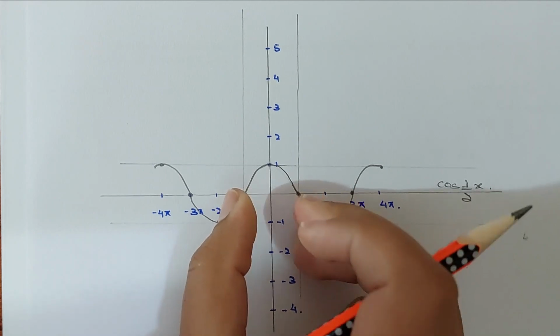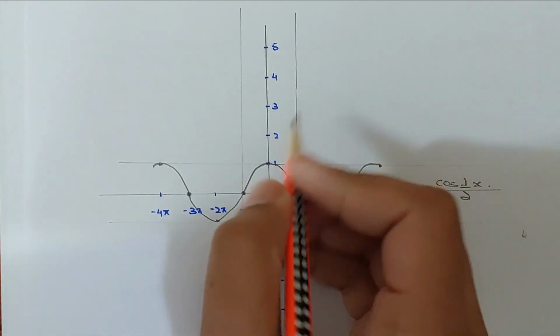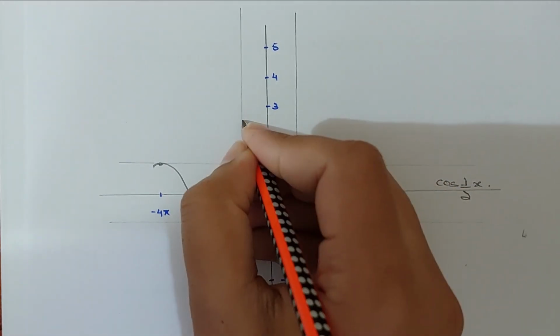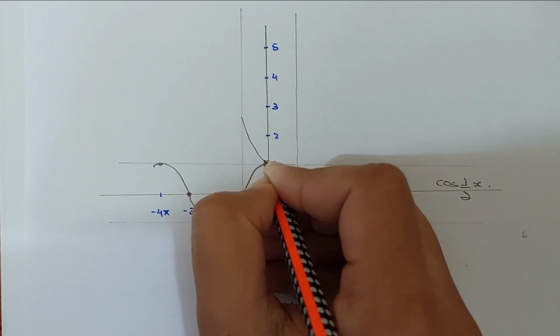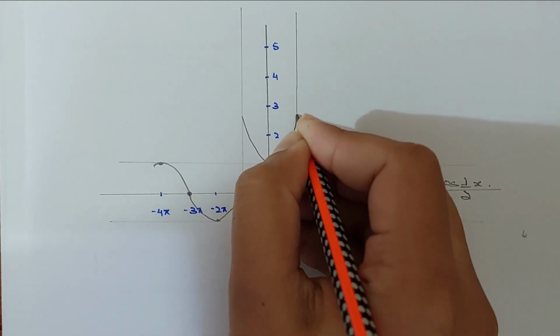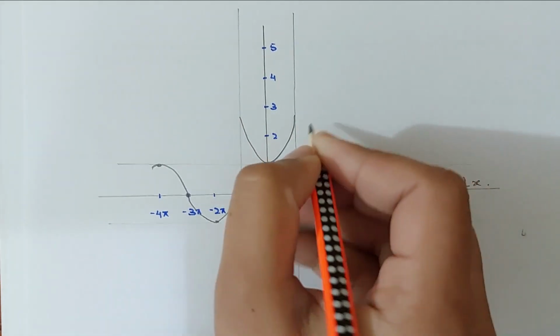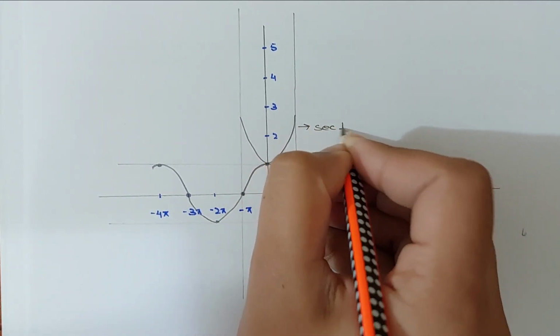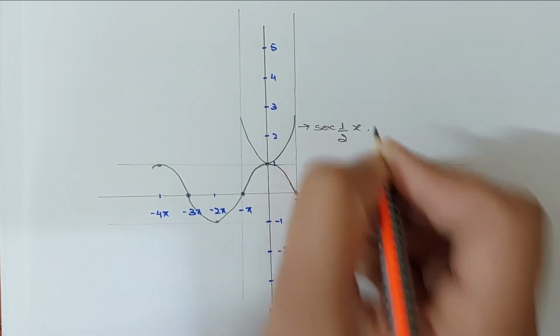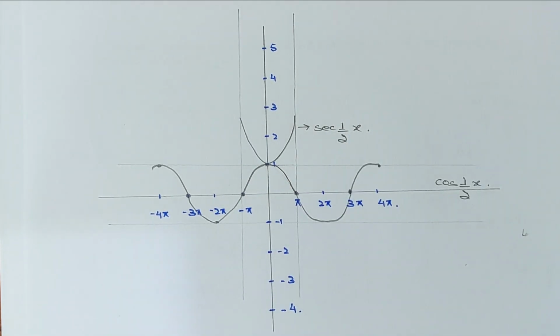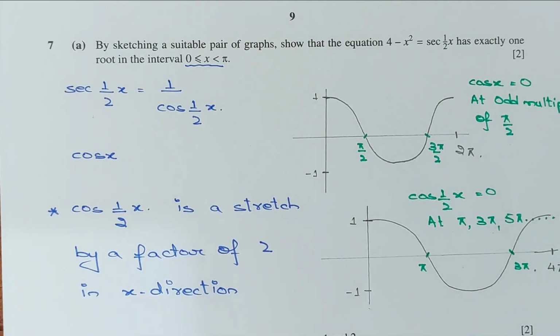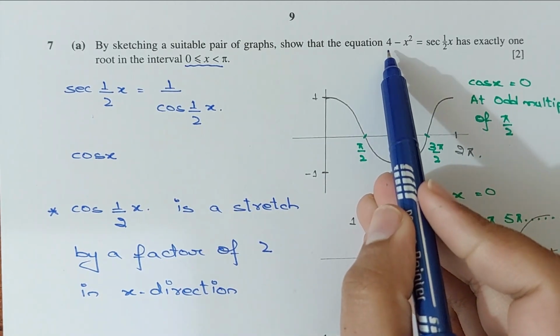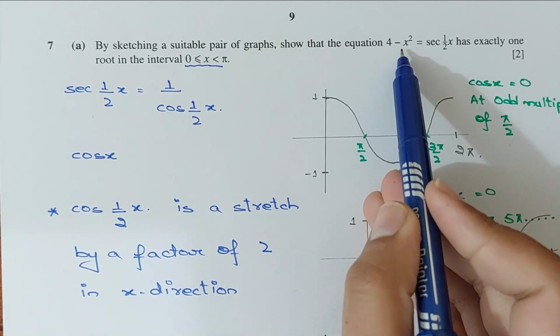Okay, so let me do the reciprocal of this parabola. This is going to be the sketch for secant half x.